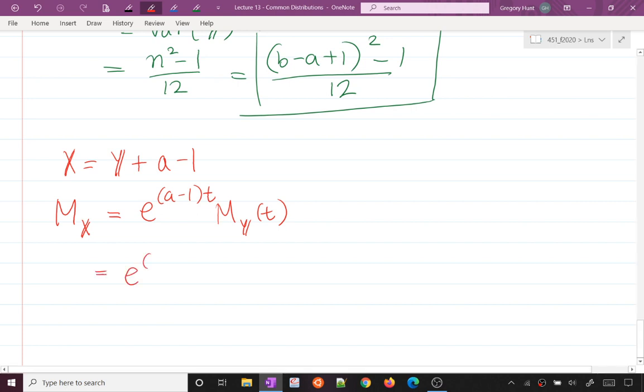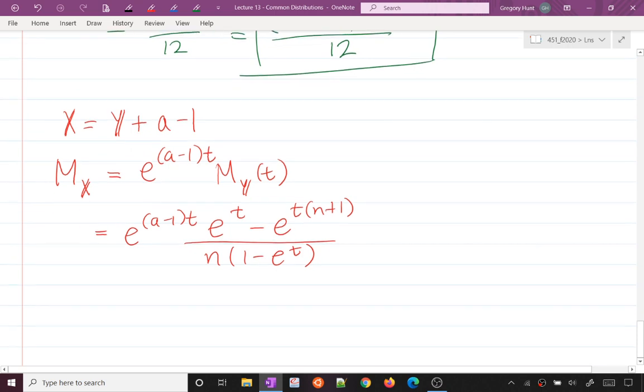And so we get e to the a minus 1 t, and then we plug in what we derived above for the MGF, which is e to the t minus e to the t times n plus 1, over n times 1 minus e to the t. It's a little confusing because our formula last time switched a and b. That's all that's happening.